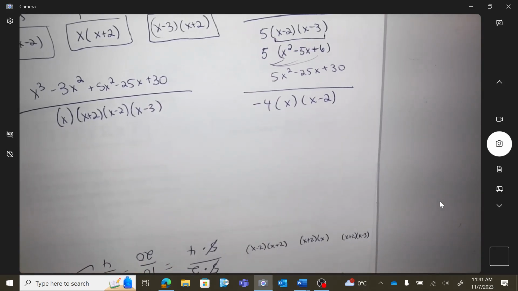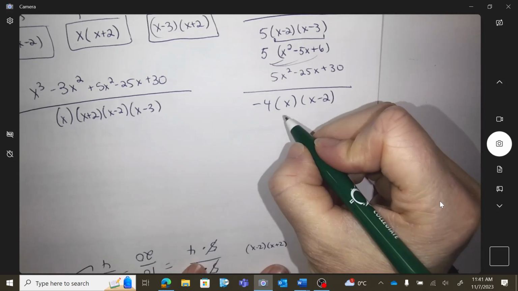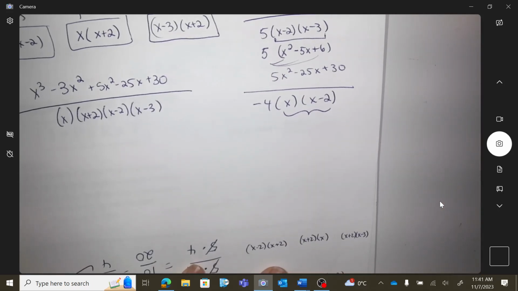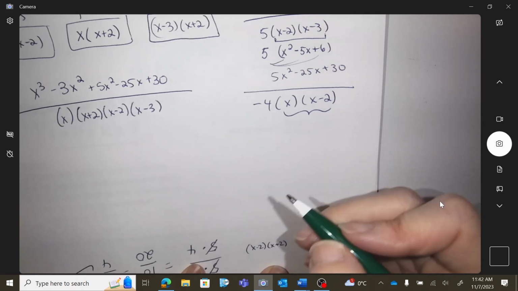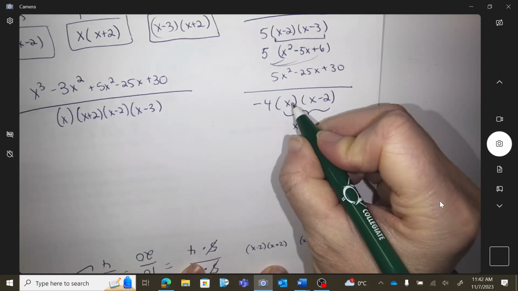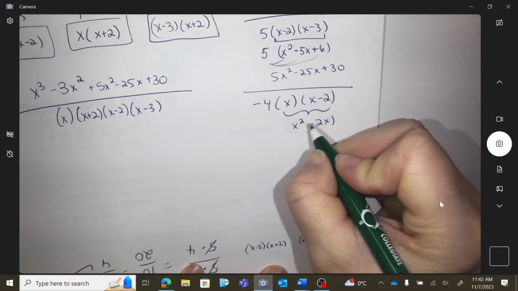So pick two things to multiply. So let's pretend I picked those two items. It would be x squared minus 2x.